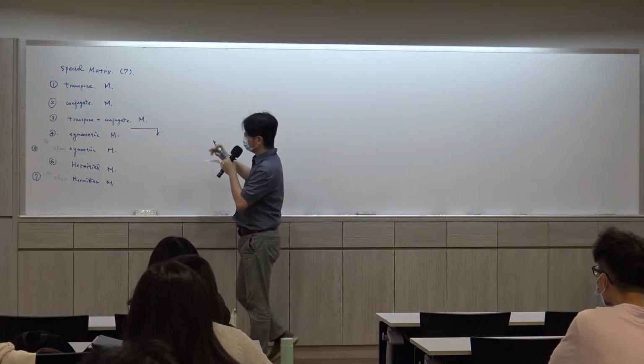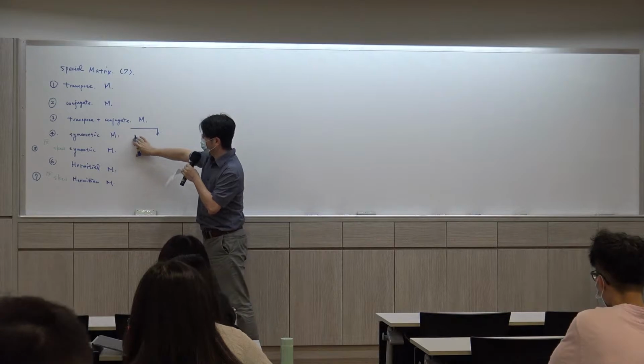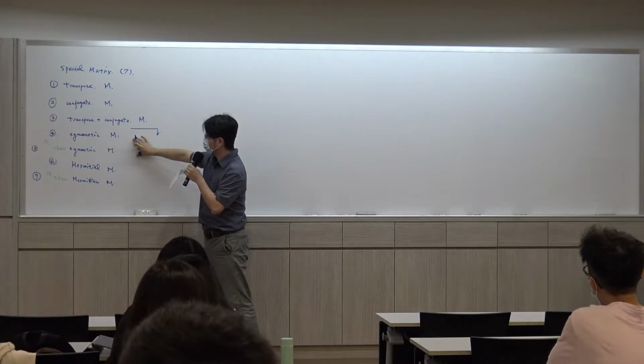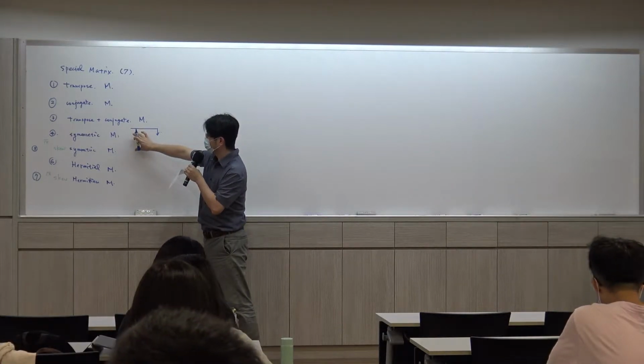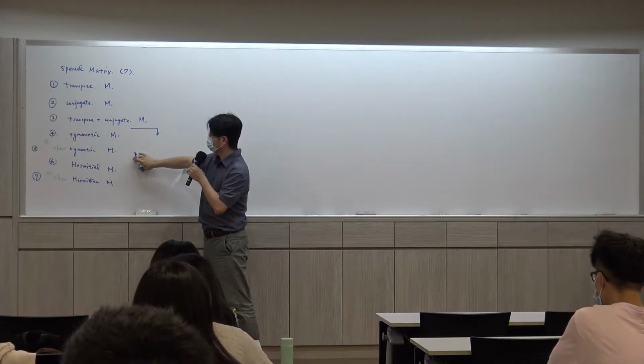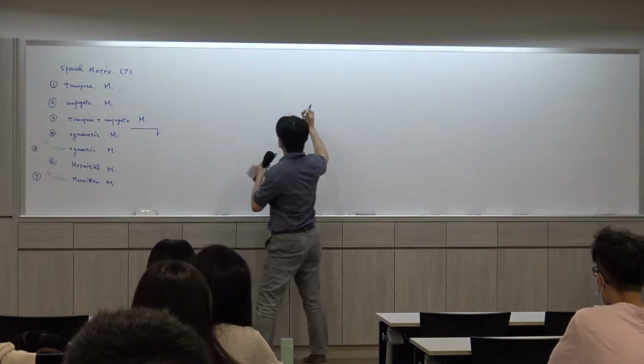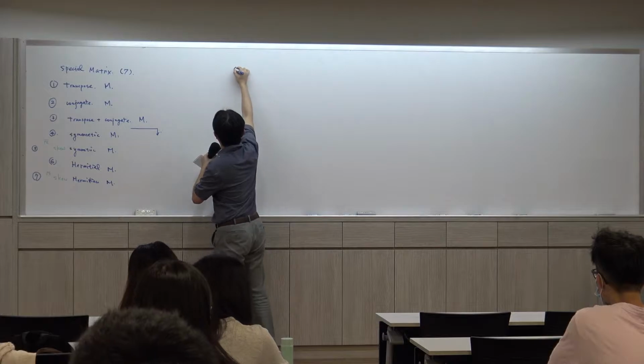So I would like to come up with an example for better understanding of the difference between the two symmetries.